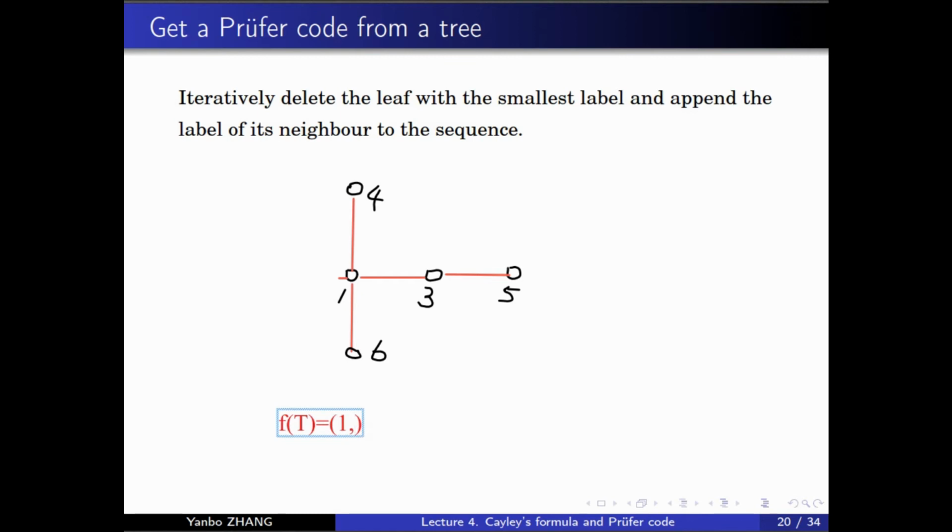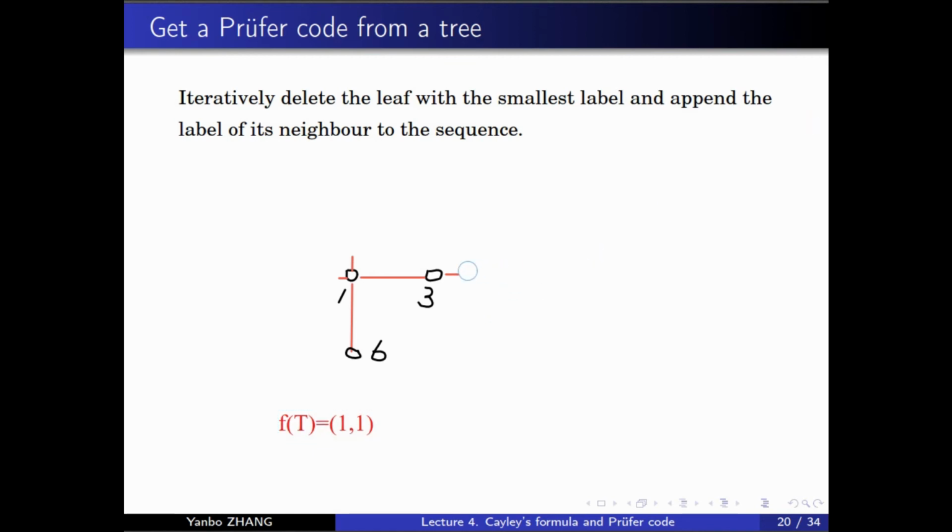At step number 2, we delete the leaf with the smallest label, which is 4. So we delete 4 from the tree and add its neighbor to the Prufer sequence. At step number 3, we delete the leaf with the smallest label, which is 5.